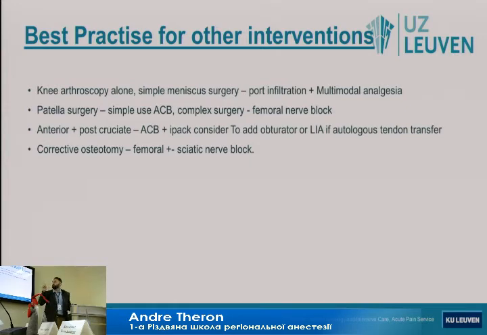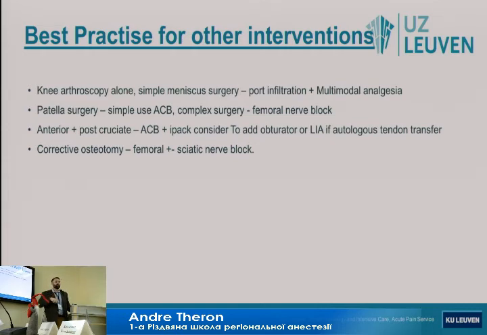The only thing that you might need to do is to add an obturator nerve block if they do an autologous tendon transfer. So if they do take part of the tendon to fix the posterior cruciate, then you'll have to add an obturator nerve block or ask the surgeon to infiltrate the part of the tendon where he takes the graft.